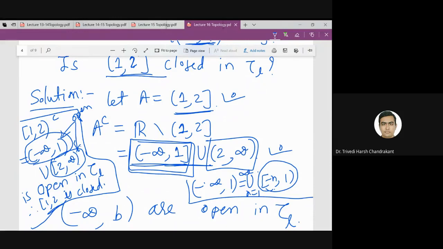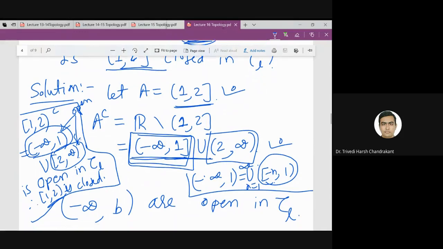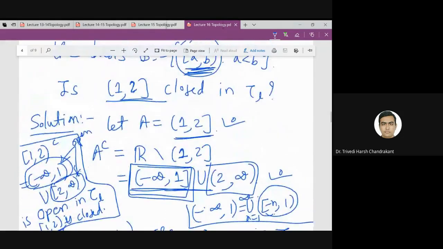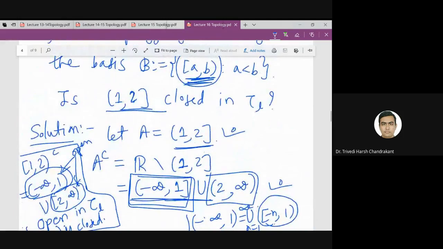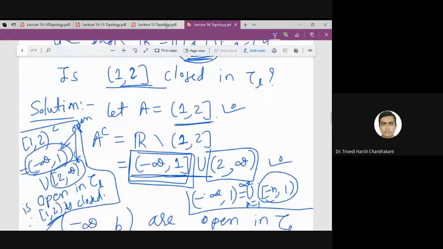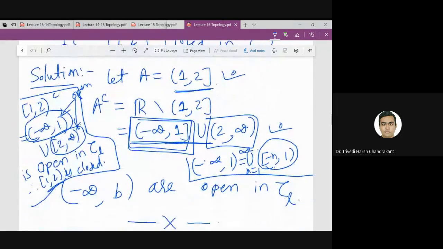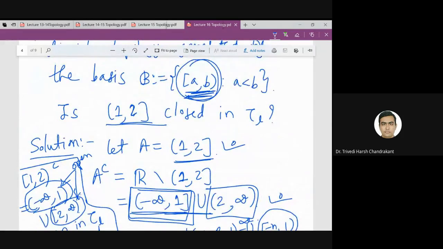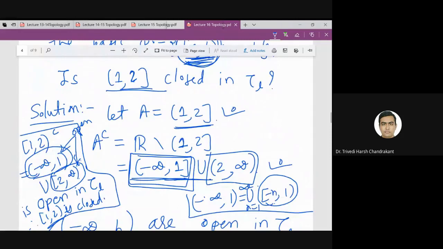I think here we have taken open interval, right? Closed 1, open 2 is closed. So this set is also closed, that means.